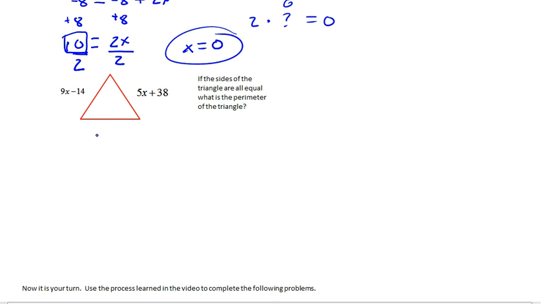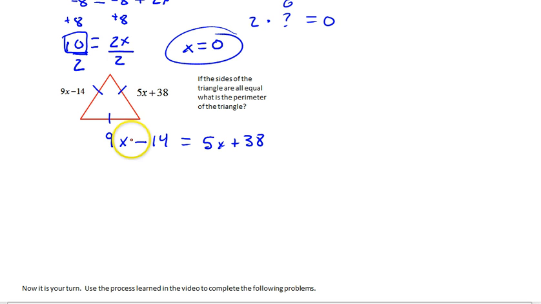Well, it's easy to figure it out, because if all these sides are equal, I can write the following equation. 9x minus 14 equals 5x plus 38. Because these two sides should be equal. This is an equilateral triangle.